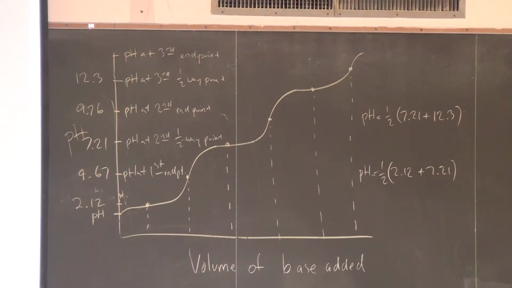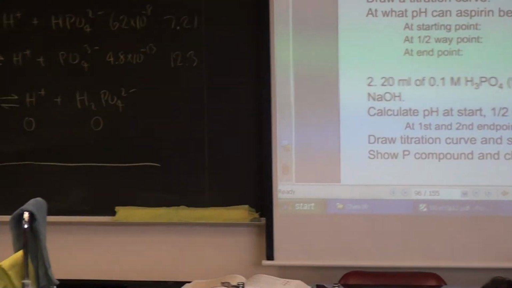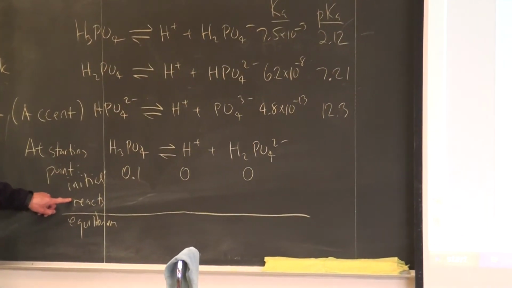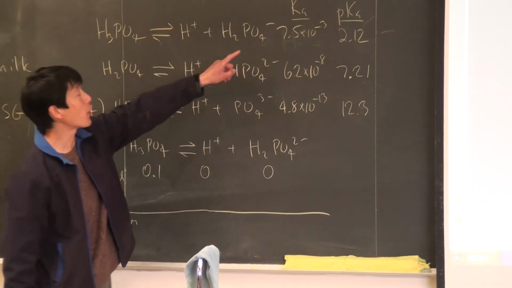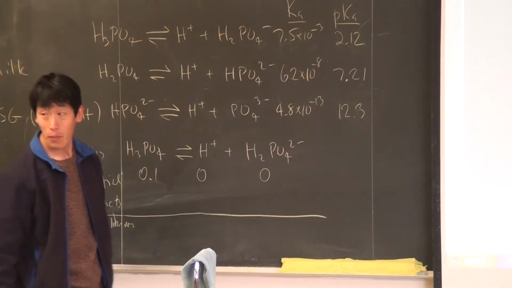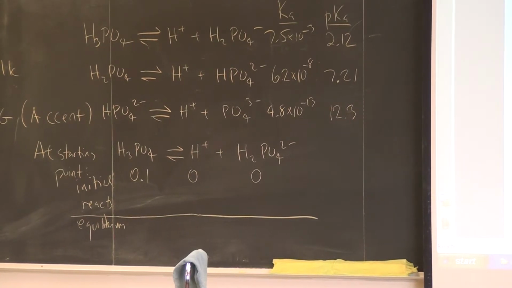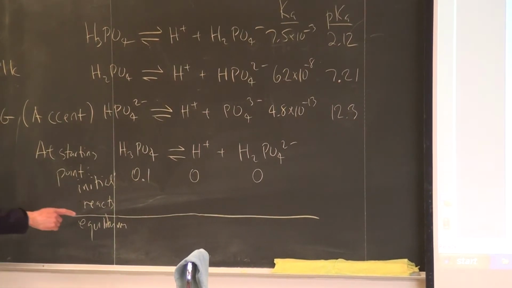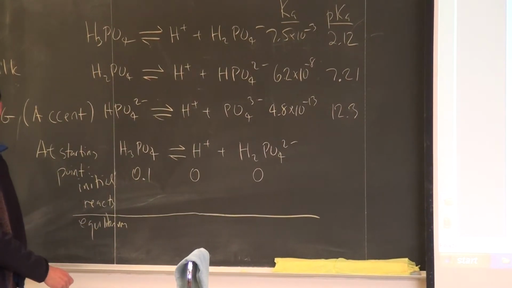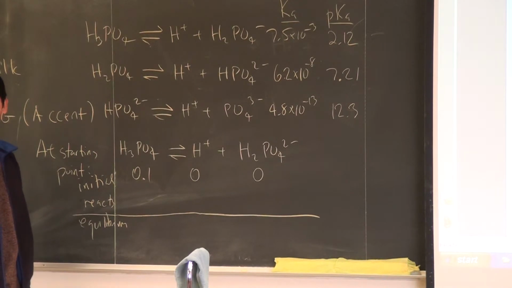No. Yeah, we can't assume that all of it reacts because it's a weak acid, based on the Ka value. So what you want to do for the amount that reacts, use your favorite variable. We've been using x. Should we use a different variable this time, Z or A?